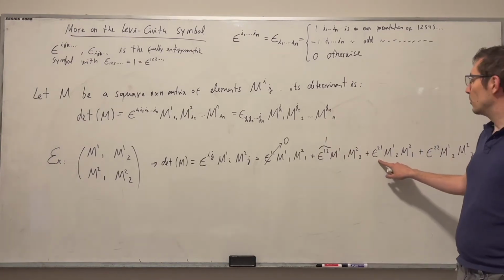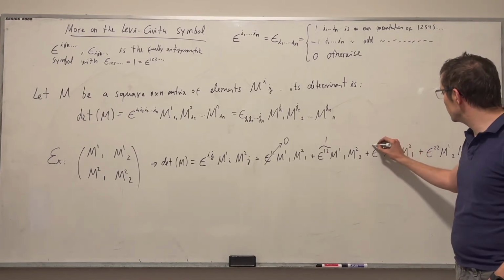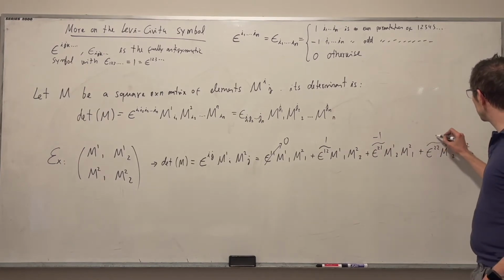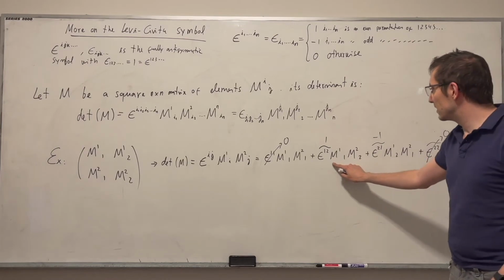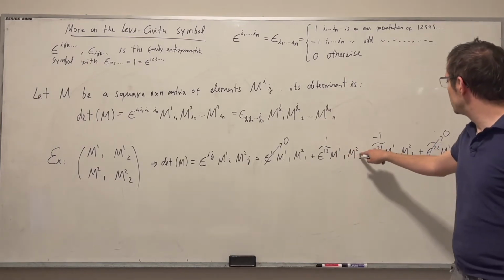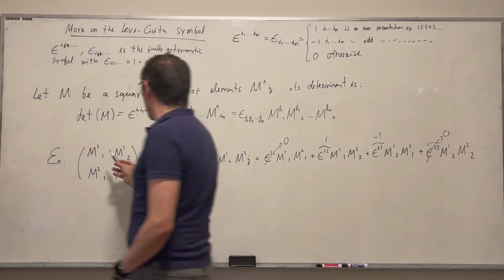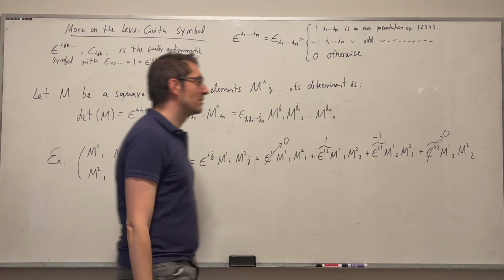Epsilon 2, 1 is just one permutation of the 1 and the 2, so this is -1. And this is a repetition, so it's 0 again. So you see, we get that the determinant is M11 M22 minus M12 M21. So yes, indeed, it works for 2 by 2.